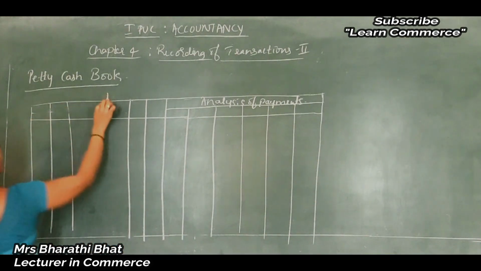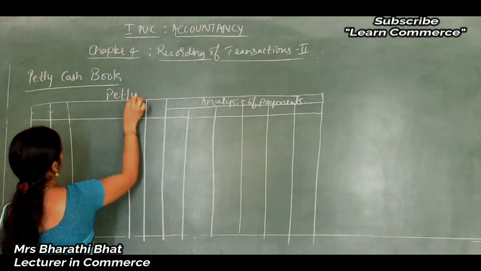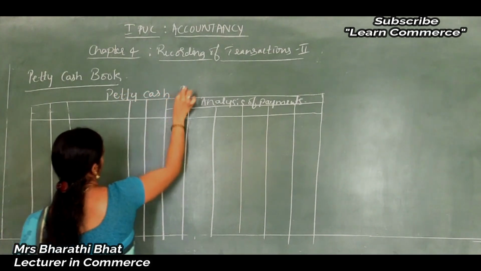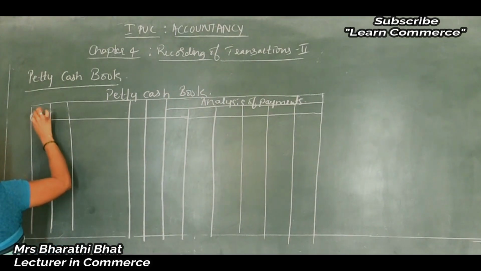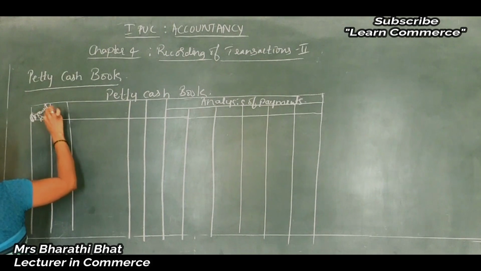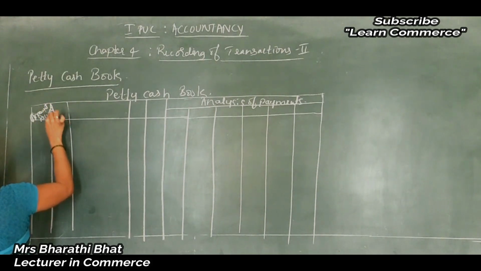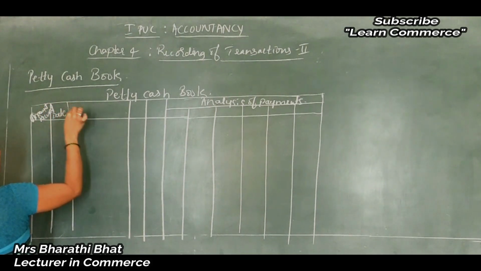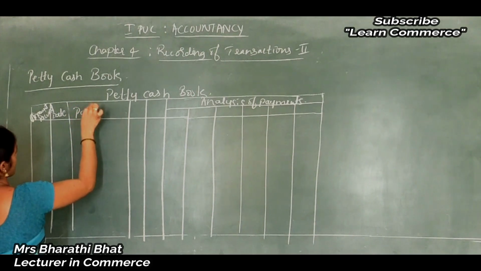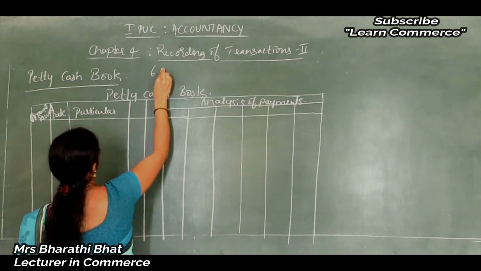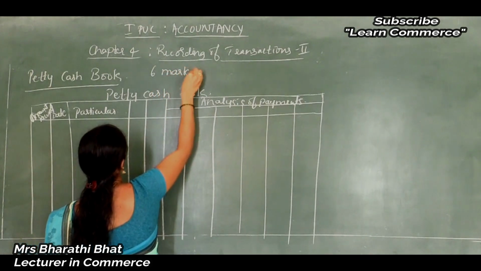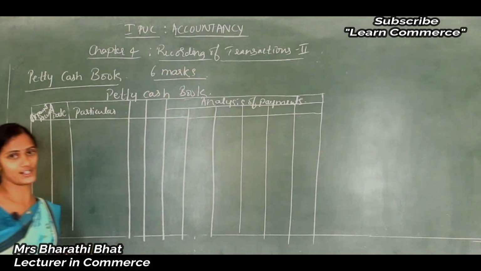First heading, petty cash book. First column for amount received, and next one for date, and next one particulars, and this is for 6 marks, 6 marks oriented and very important also.